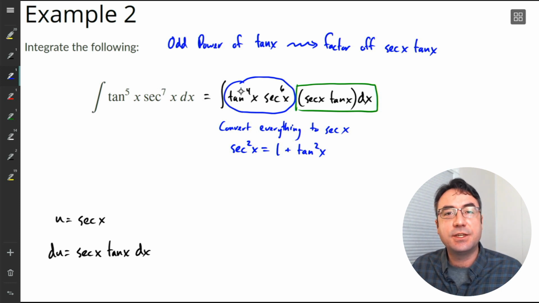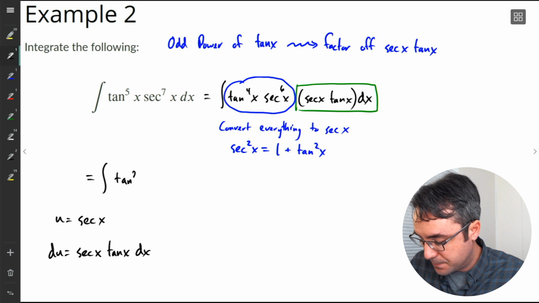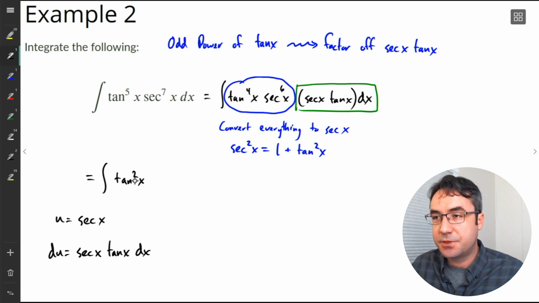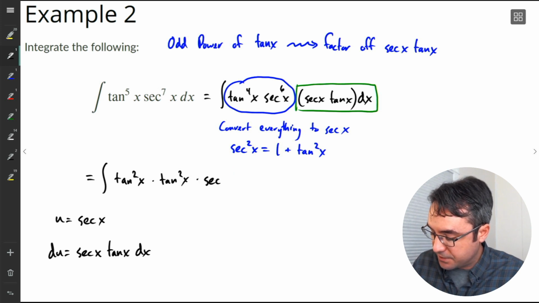We're going to break this tangent x raised to the power 4 up into 2 copies of tangent squared. So we'll write it as tangent squared times tangent squared. And then that secant to the power 6, we're good with that. We don't have to do anything there.